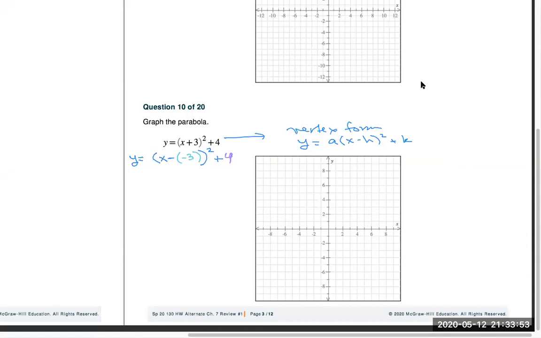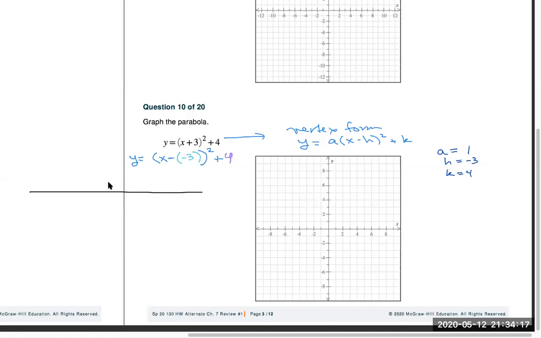So off to the side over here, we found that a is 1, h is -3, k is 4. Now the beauty of this is that you don't actually need to solve for h. Okay, you're already ready to make your table here.